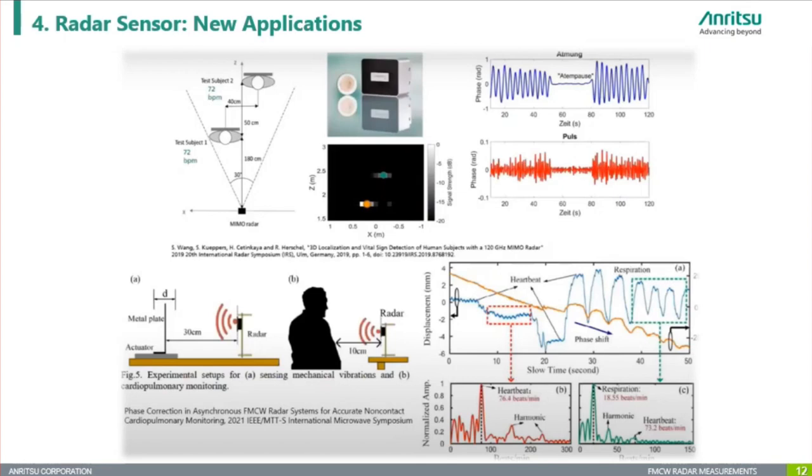Those systems enabled continuous contactless monitoring of patients in isolation wards, reducing the risk of viral transmission to healthcare workers. Self-injection locked radar is used in isolation wards for social distancing and occupancy monitoring, and cough and body movement detection.